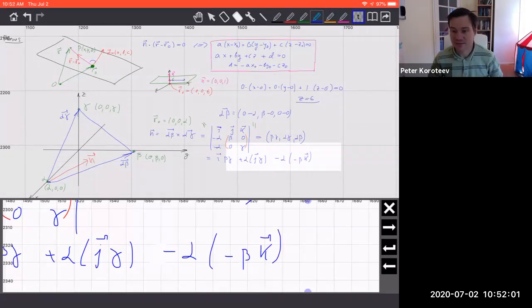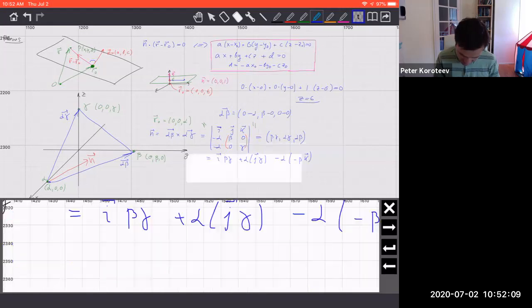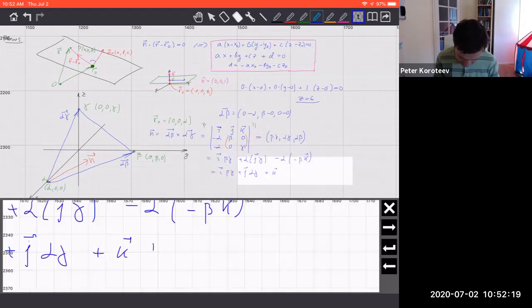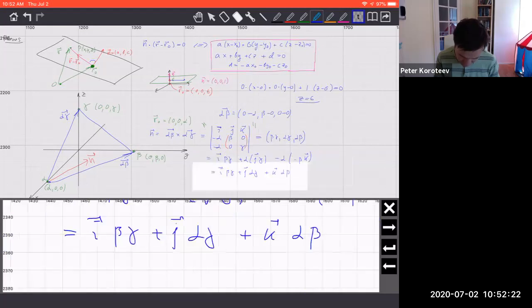So it still works, you still get the same components. Let's simplify it. This is equal to I beta gamma plus j alpha gamma plus k alpha beta. So we do have the same vector here.